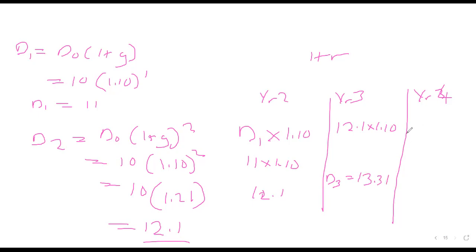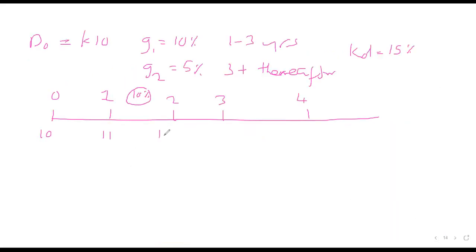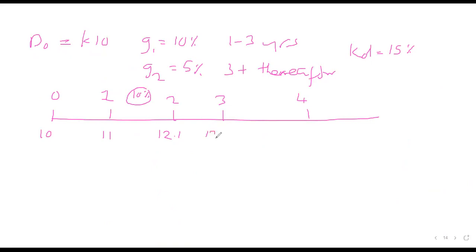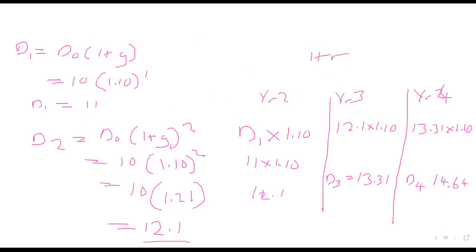Okay, then year 4, 13.31, you multiply by 1.10. What are you getting? 14.64. Okay, so this will make your life very easy. So this is 12.1, this will be 13.31, and finally, this will be 14.64.